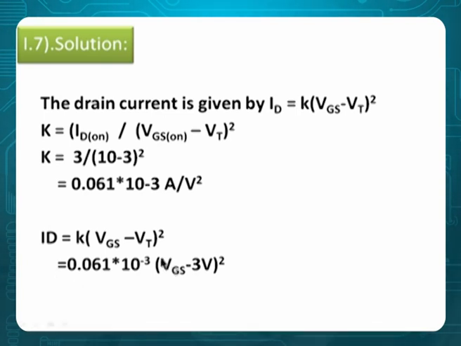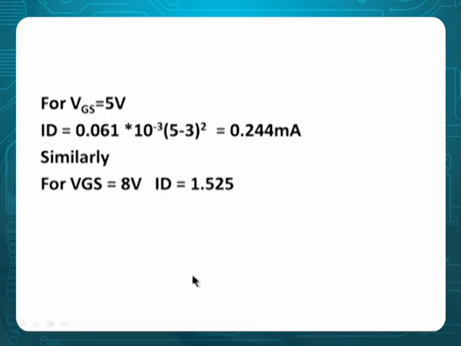Now look at this. ID is equal to this much. This way, you need to draw the transfer characteristics. Shall we draw that? Suppose VGS is 5. The current will become 2.44 milli. Similarly, for VGS 8, 1.52. So the whole idea is that different values will give you different currents.